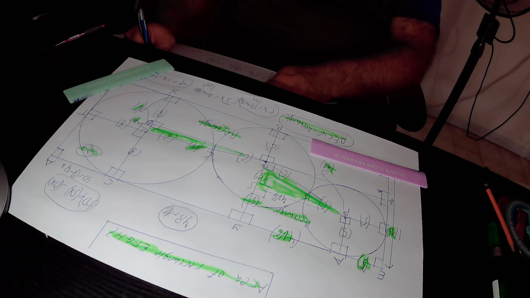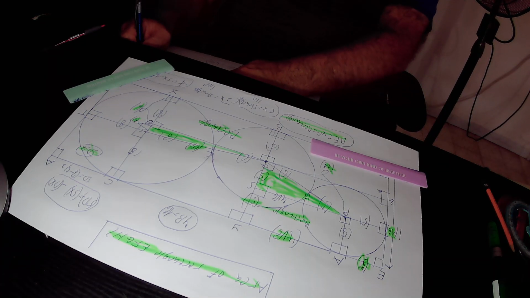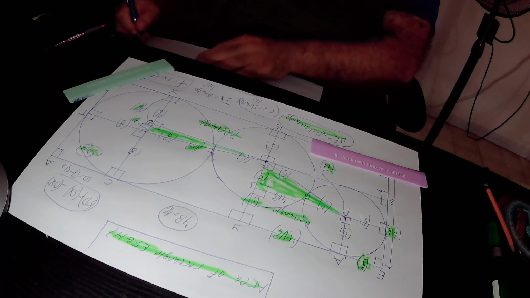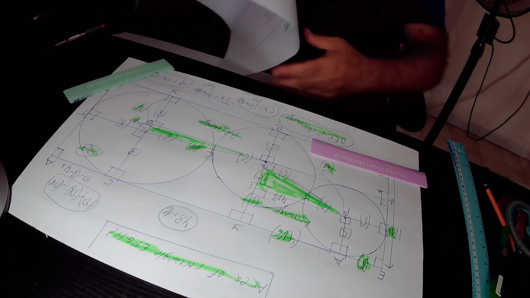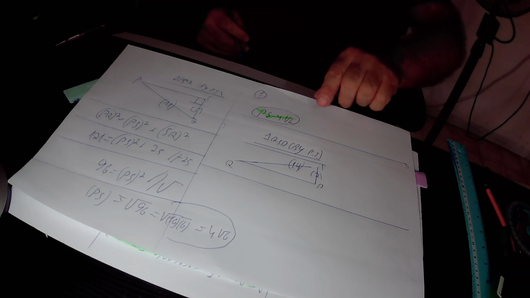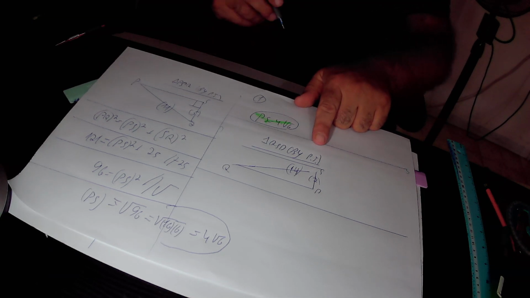Here PT is the abbreviation for Pythagoras theorem. So actually, this is the right triangle QSD, according to the original drawing.